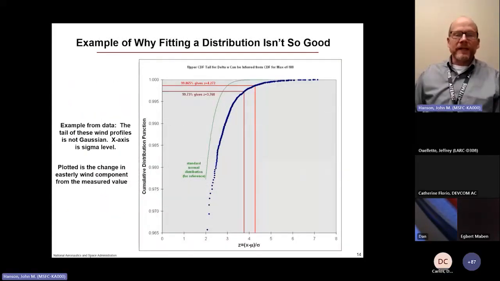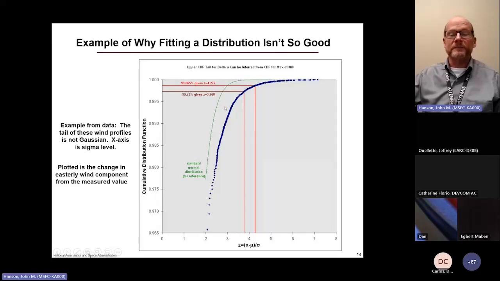All right, I want to show an example of why fitting a distribution for these outliers is not so good. I've got standard deviations on the x-axis here and cumulative distribution on the y-axis. This particular curve is for change in easterly wind component. A standard normal distribution, for reference, is this green curve.